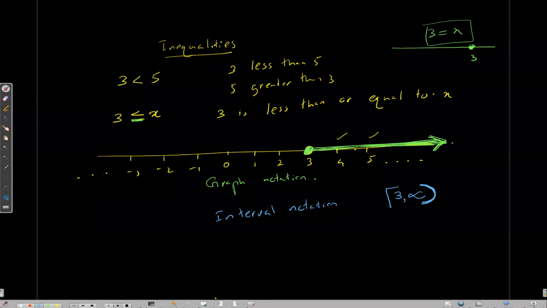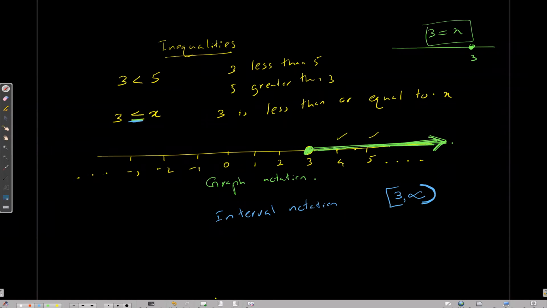And with 3, because of this equal sign here, again, we use square brackets. Now, for example, if you had 3 less than x without the equal sign, now in this case, somewhere here 3, everything to the right of 3, but not 3. So we do not shade that circle, and the interval notation looks like this.